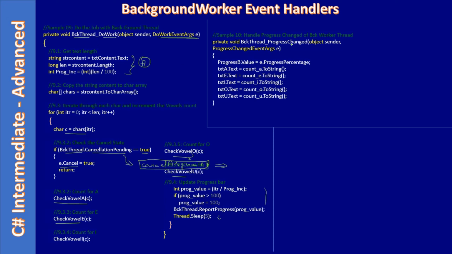And if you see the ProgressChanged event handler, here it receives ProgressChangedEventArgs e. That means here we are calculating the progress value just like what we did in the previous videos. Previously we directly updated the progress value.